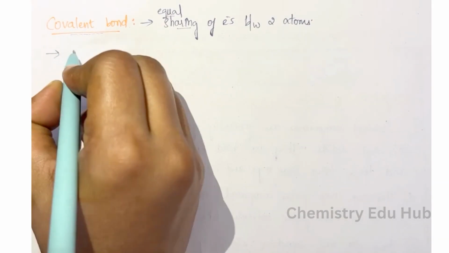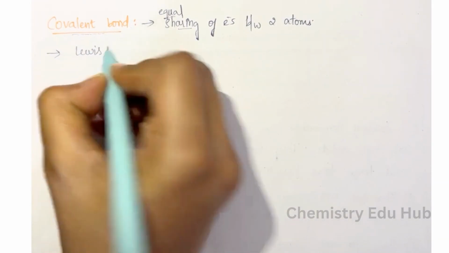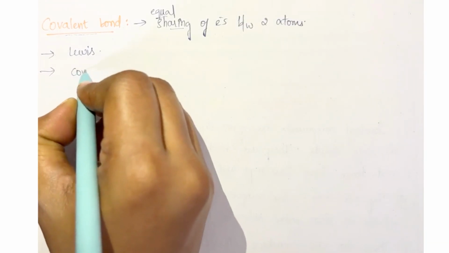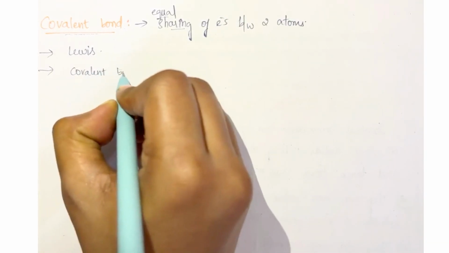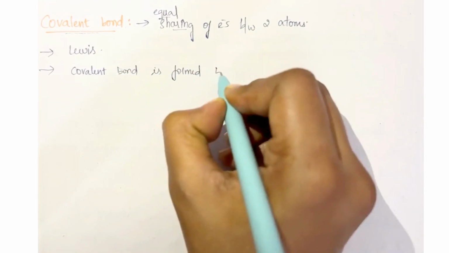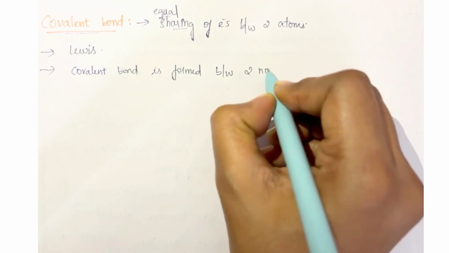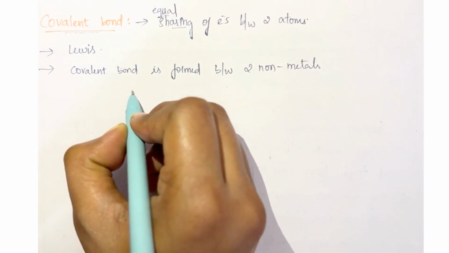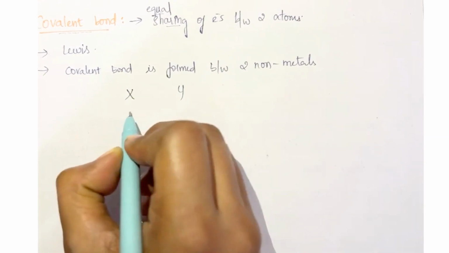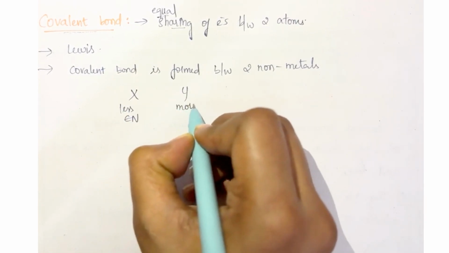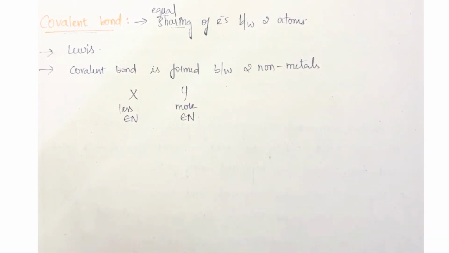This covalent bond is mainly proposed by the scientist Lewis. Covalent bond is mainly formed between the two nonmetals which have less electronegativity difference, one with less electronegativity, the other one with more electronegativity.